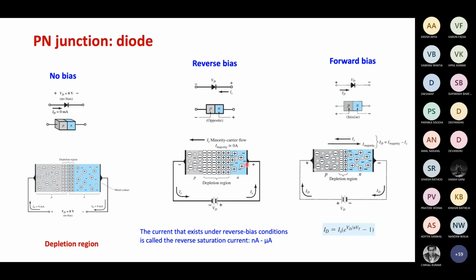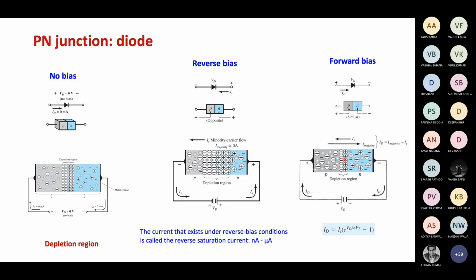positive voltage means it will attract electrons to this terminal. So more electrons in the N material will be attracted to this side. Similarly, on the P side, holes will be attracted to this terminal. So these electrons will leave donor atoms uncovered, as shown in this picture, and that will increase the depletion region width.